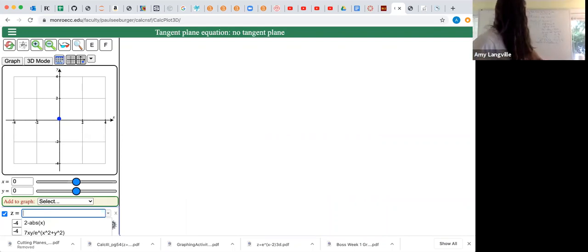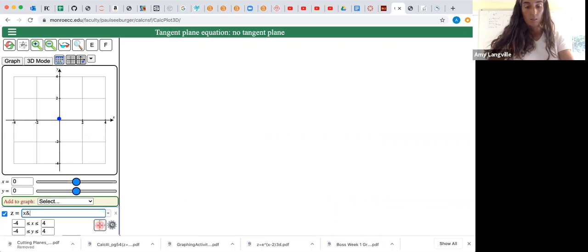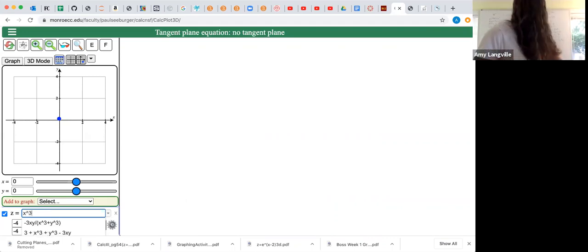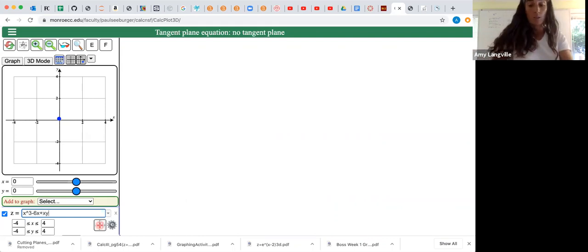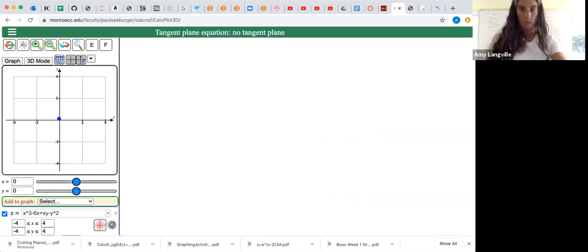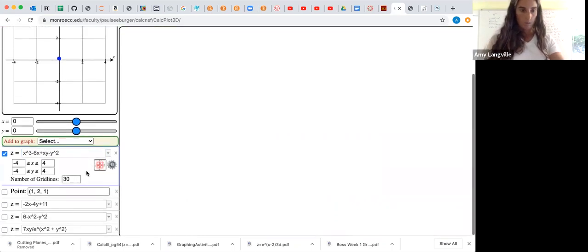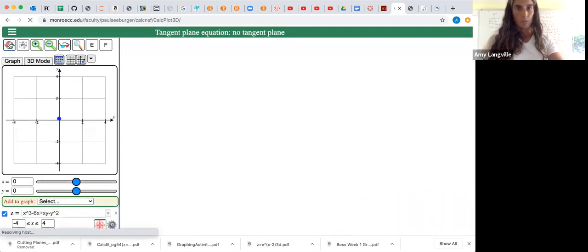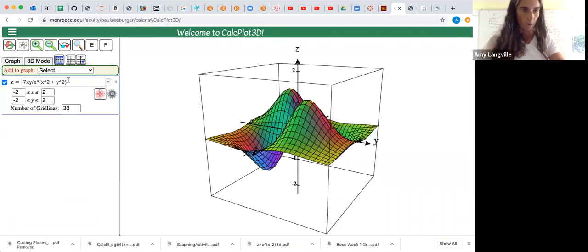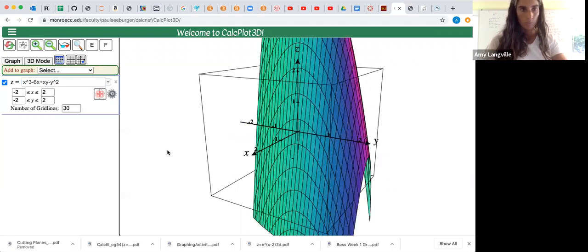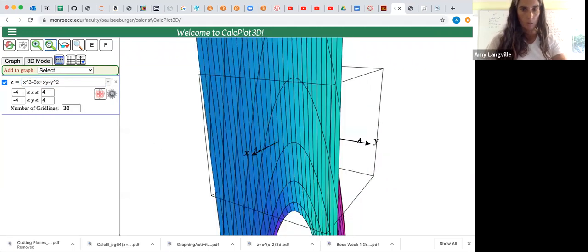What was our equation? x cubed minus 6x plus xy minus y squared. Go ahead and reset, because I broke it with that other line.